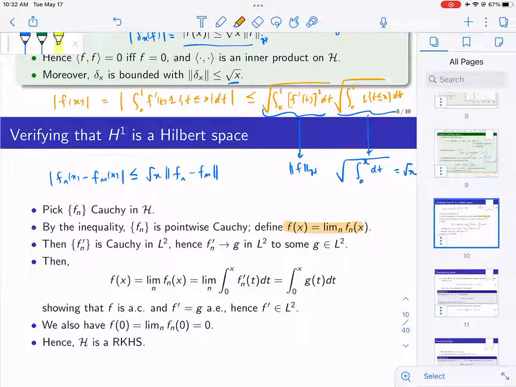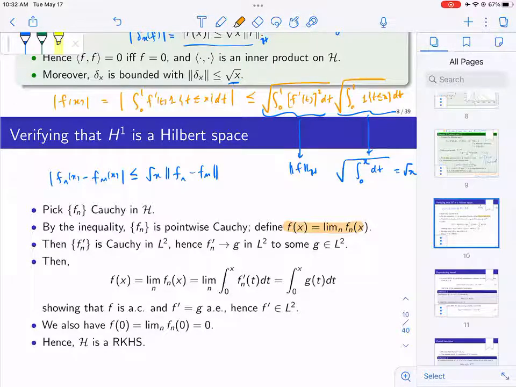That's the first step. Next we argue that f' is Cauchy in L². That's the definition basically. If fₙ is Cauchy in H, then fₙ' is Cauchy in L², because the norm of H is the L² norm on the derivatives.